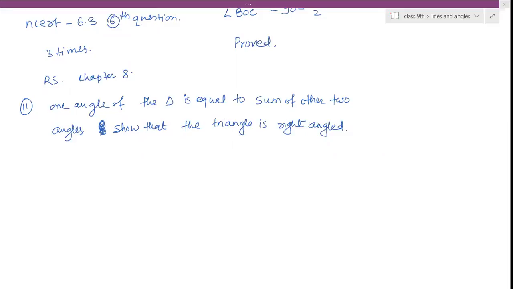One angle of the triangle is equal to sum of other two angles. Show that the triangle is right angled.